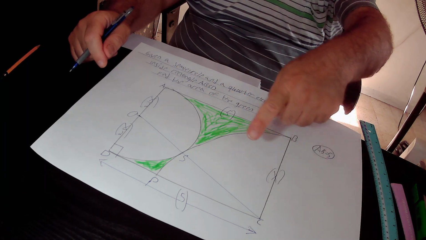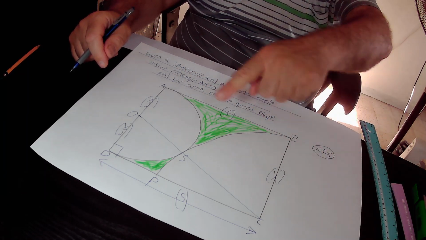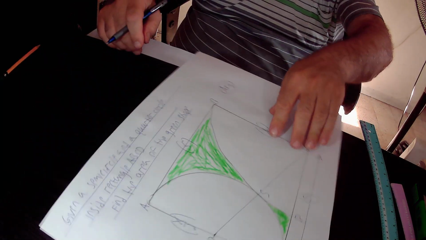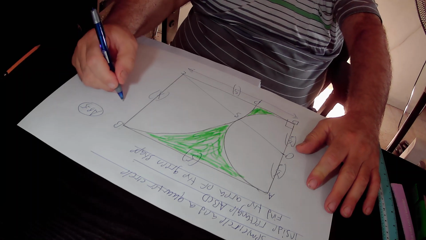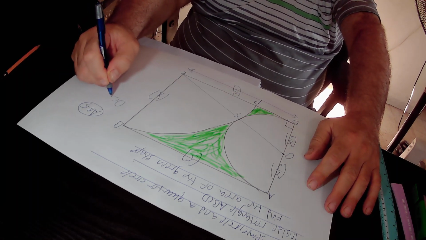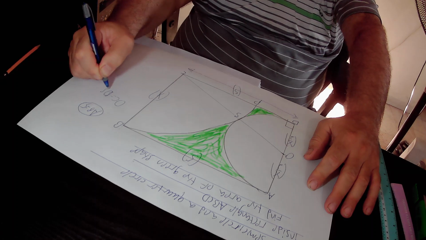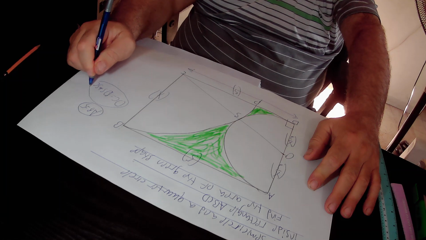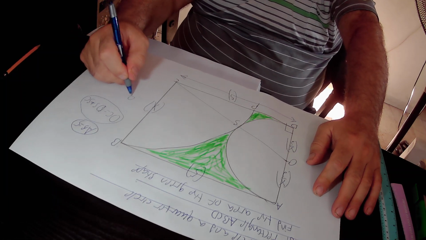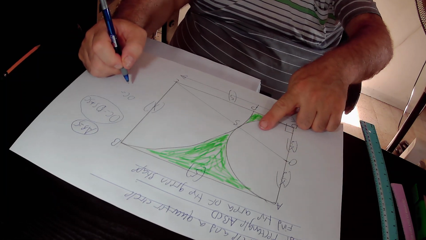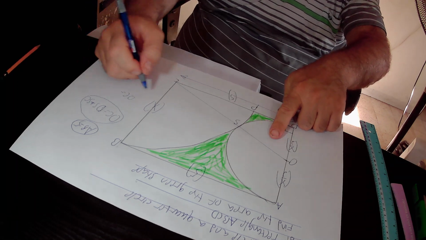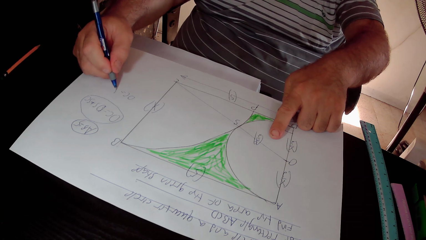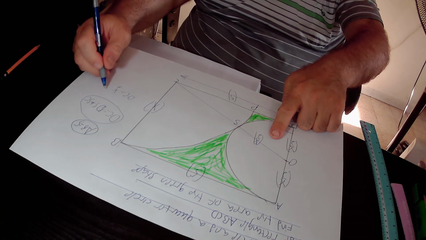If OSC is one straight line, it means that OC equals OS plus SC. OS is the radius of the semicircle, which equals x over 2, plus SC.